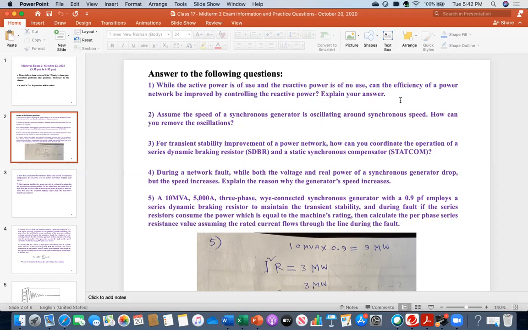So is everybody fine? Could you follow me? Yes, Dr. So you explained that we have to control the reactive power and improve the power factor, but what does it do? By improving the power factor, you are reducing the current magnitude, and consequently your losses are reduced. I square R loss and I square X loss, both active and reactive power losses, are decreased.